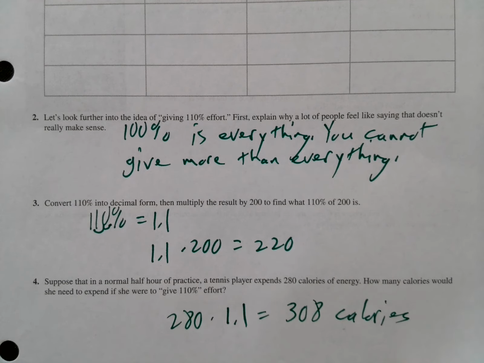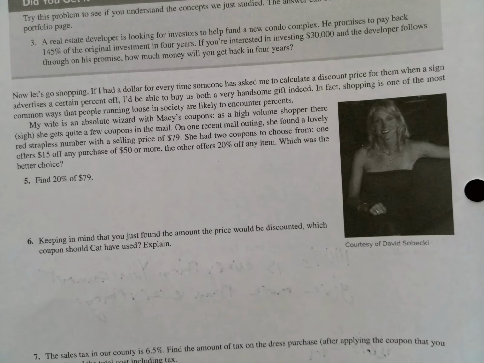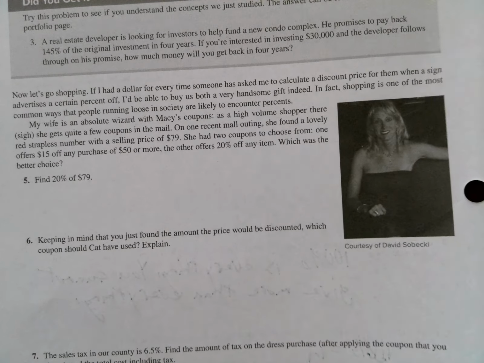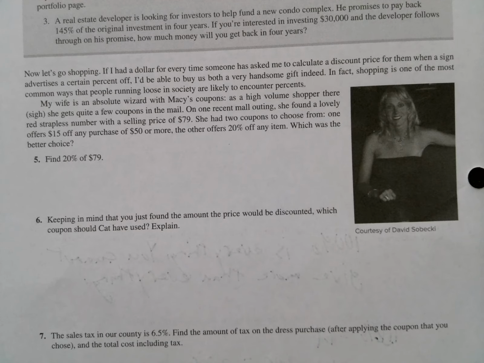Okay, now we move on to page 9. With page 9, we have another example here. It says, now let's go shopping. If I had $1 for every time someone has asked me to calculate a discount price for them when a sign advertised a certain percent off, I'd be able to buy us both a very handsome gift indeed.